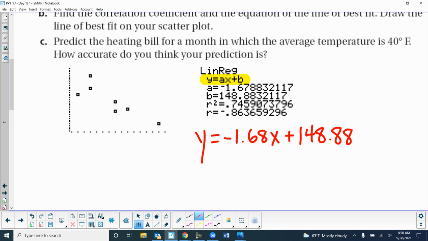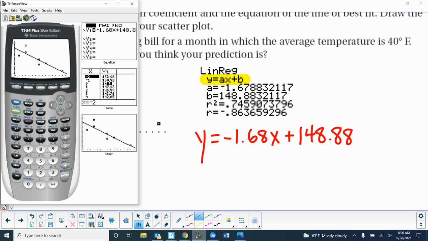Predict the heating bill for a month in which the average temperature is 40. Now, you don't have to draw it in, but I'm going to show you how you can just let the calculator do it. But you can just plug 40 in for X here and get it by hand if you want.